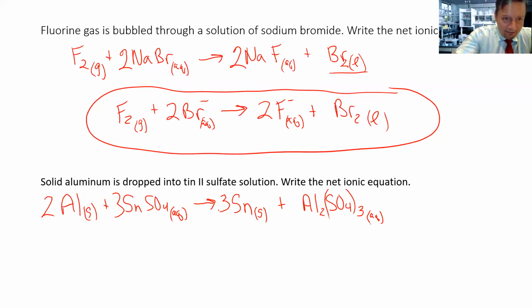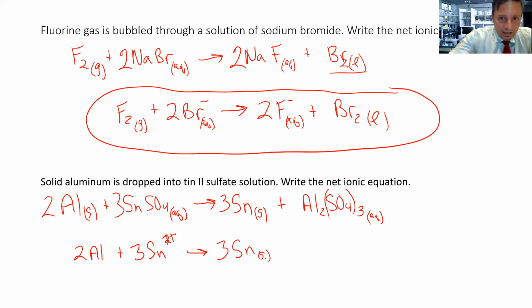I have to have 2 aluminum plus 3 tin 2 plus reacts to form 3 tin solid plus 2 aluminum 3 plus.